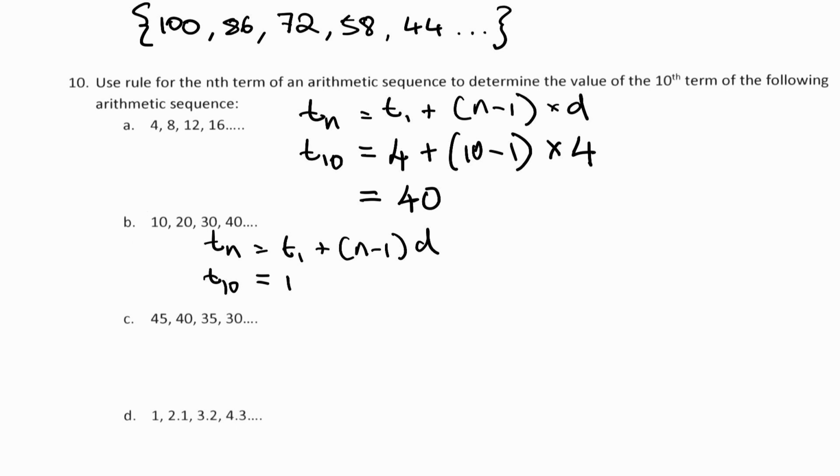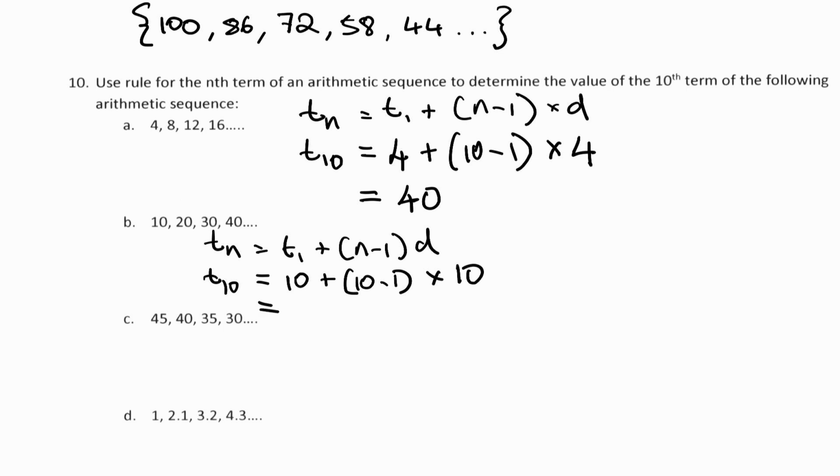The n still here is 10, because it's the 10th term that we're looking for. And the difference this time around is, well, we can see that it's gone up by 10. 10's gone up to 20, 20's gone up to 30, 30's gone up to 40. So it's gone up by 10 each time.